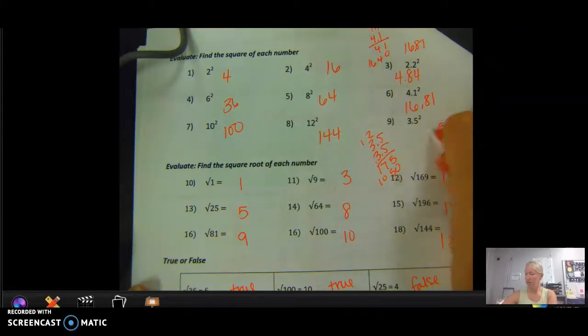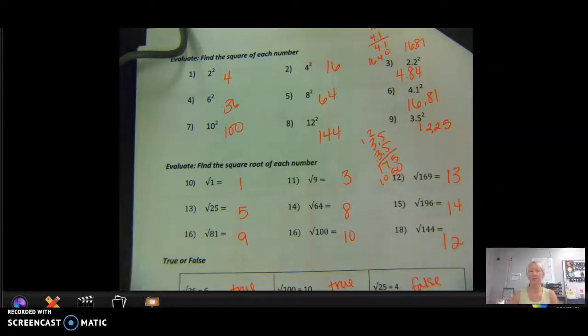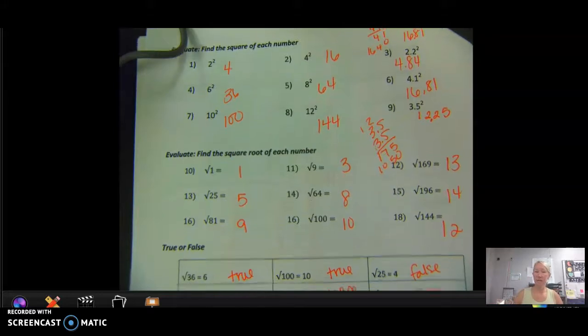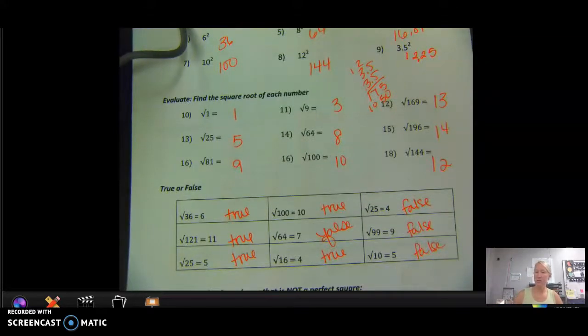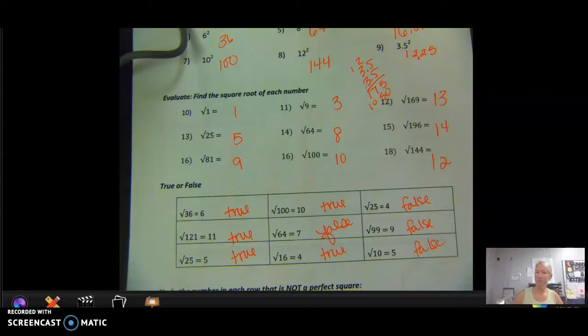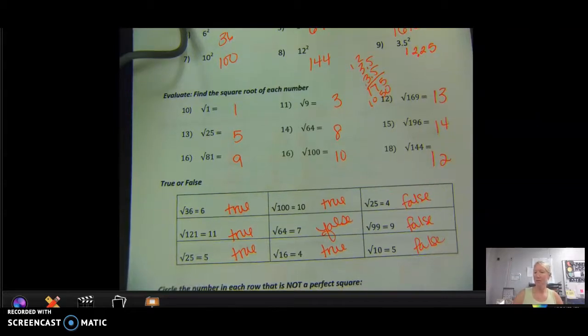So that's 5, 2, 2, 1, 2 decimal places, so 12.25. Okay, so go ahead and check yourself, see how you did. Hoping perfect squares are coming to you pretty quick. You may need to pause me while you're checking yourself to make sure to get all these.